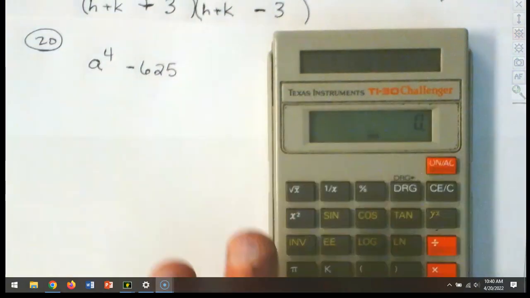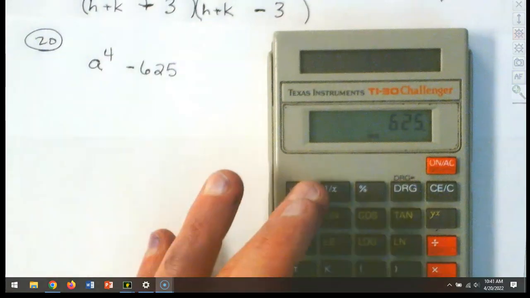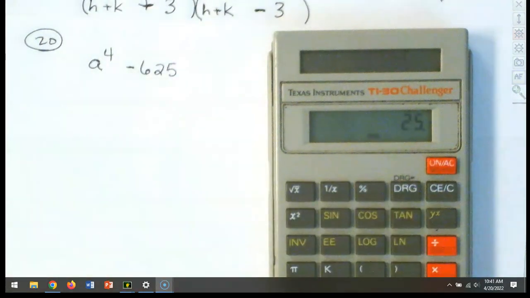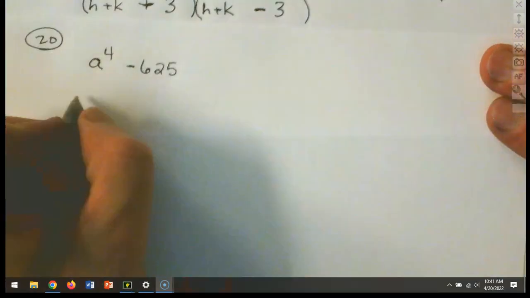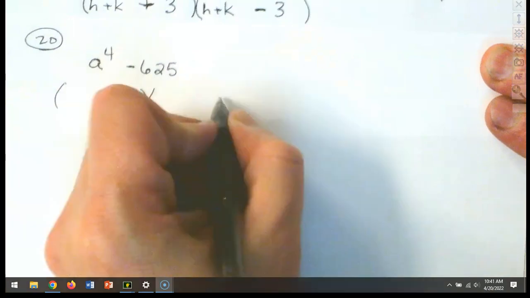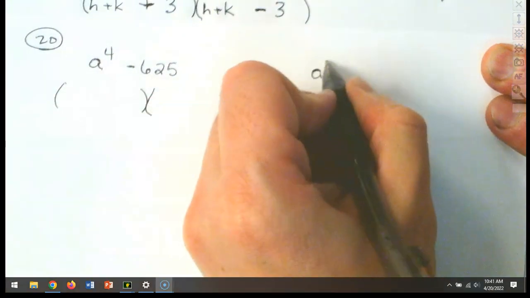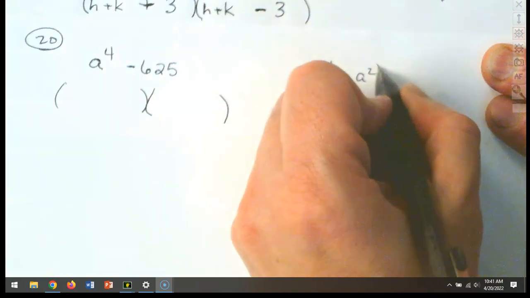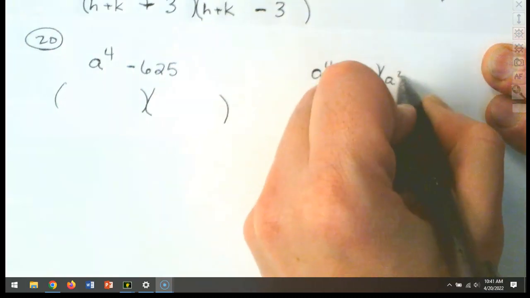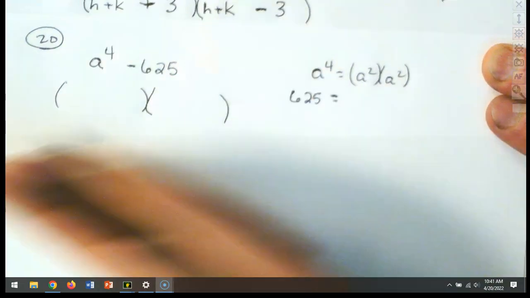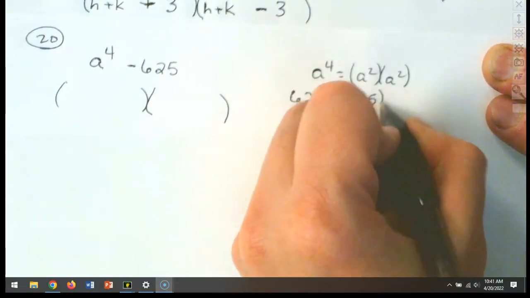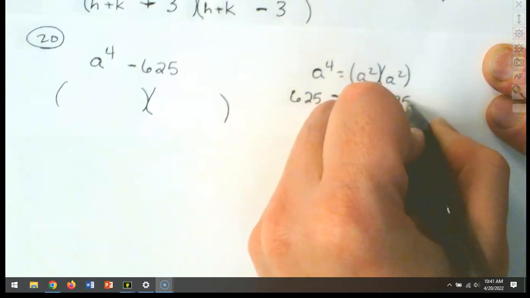So just use your square root key. And the square root of 625 is 25. So if it's a larger number, and if you're in doubt, if it's too large for the table, just use your calculator and check. That tells us then that this is a difference of squares. A to the 4th splits up into a squared and a squared. 625 we used our calculator on, and that was 25 and 25.